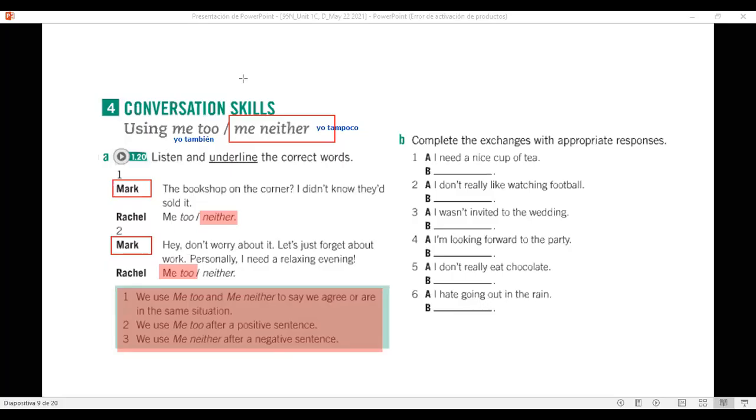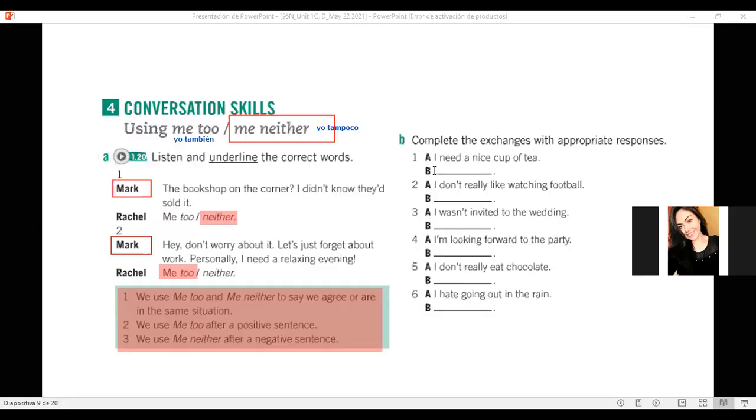Let's see if you got the point. We're going to complete these 6 sentences. Please, can you help me with number 1, Cinderly? What would you use, me neither or me too? I need a nice cup of tea. Me too. Perfect. Necesito una taza de té.